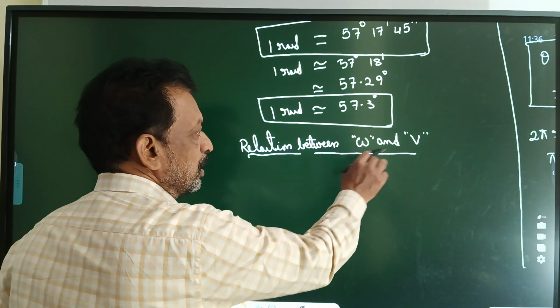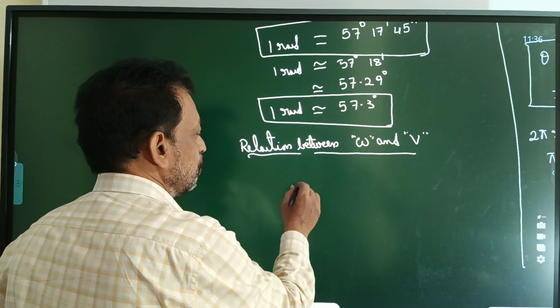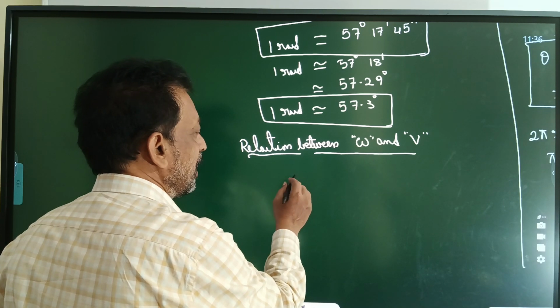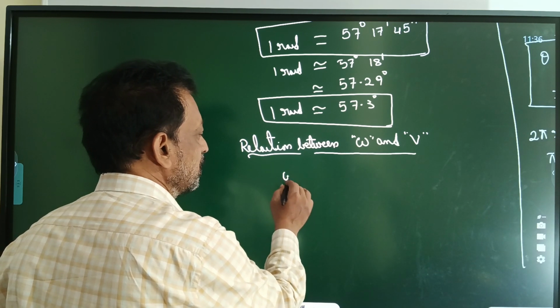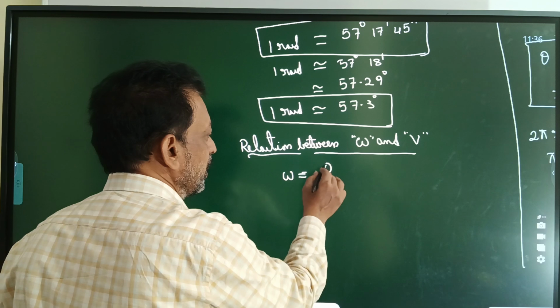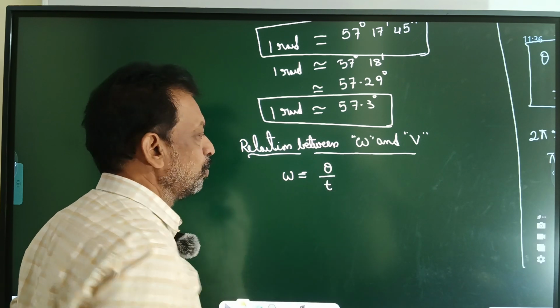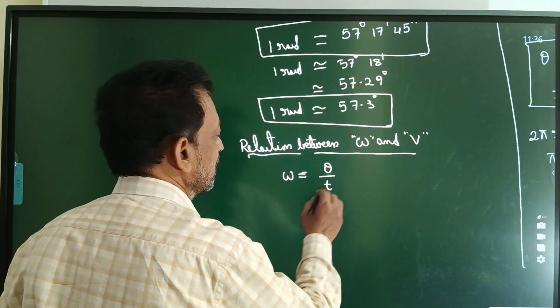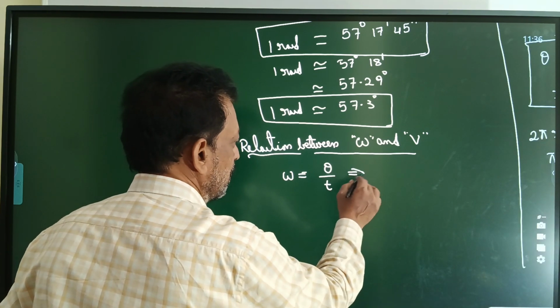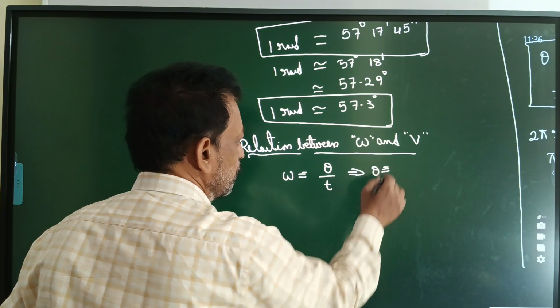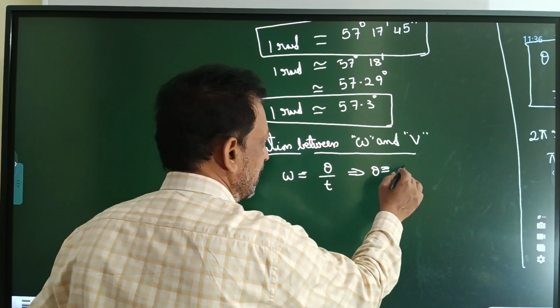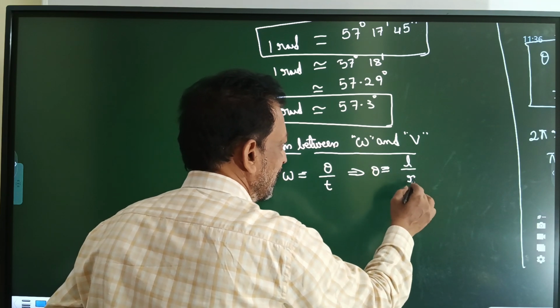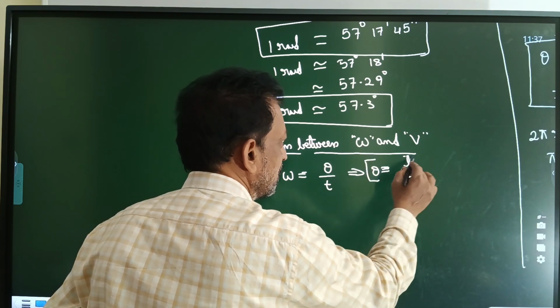So angular velocity and linear velocity. What is the angular velocity? Omega is equal to theta by t. Therefore, theta is equal to, what is the theta formula? Length of the arc by radius, just now seen.